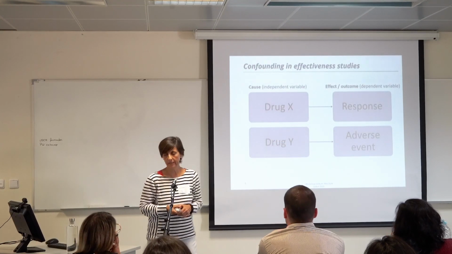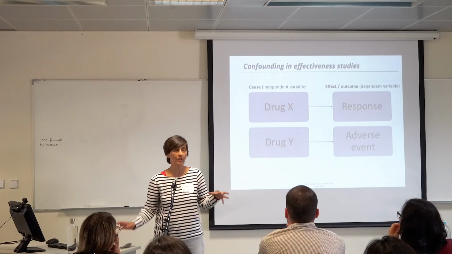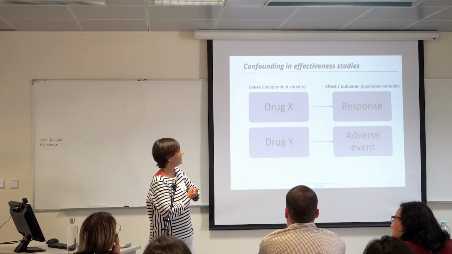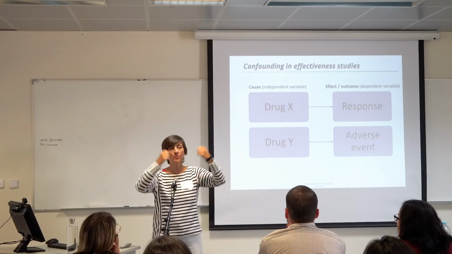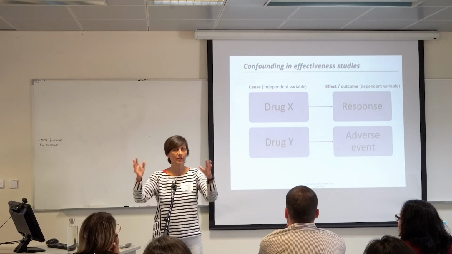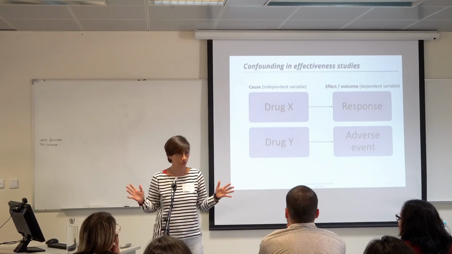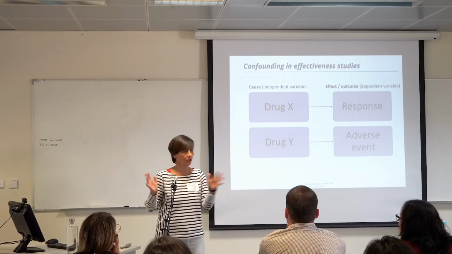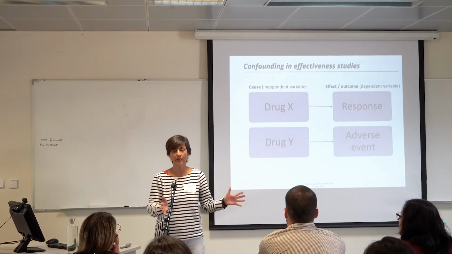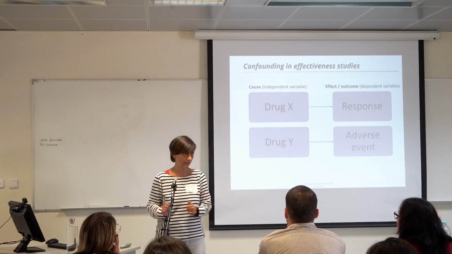So this is what happens when you want to look at the effectiveness of interventions, but you are in the observational world. Imagine that, because you only have 6 months to finish your PhD, you cannot start a randomized controlled trial now. So you better go and use some data that is already there, right?